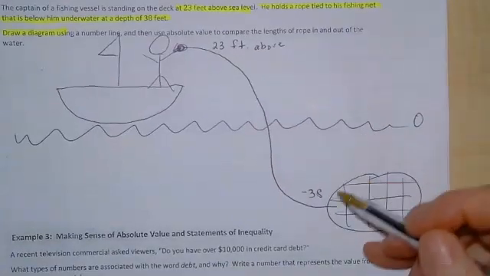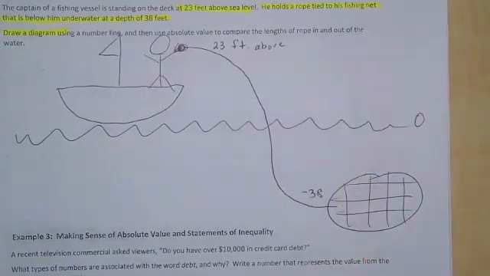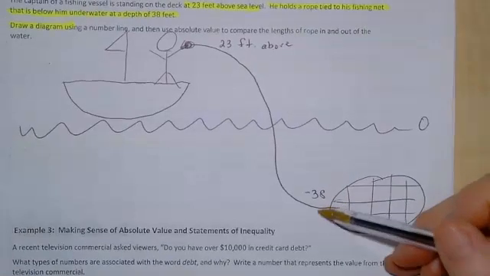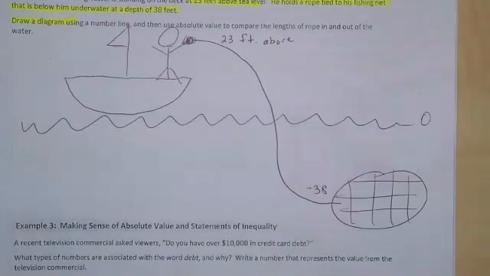There's 0, and there's the fishing net 38 feet below sea level. And the question, I have two questions for you. First of all, is more of the rope above water or below water? Where's most of the rope? Brock? Below. Mostly below. It's 38 feet of rope in the water and only 23 above.